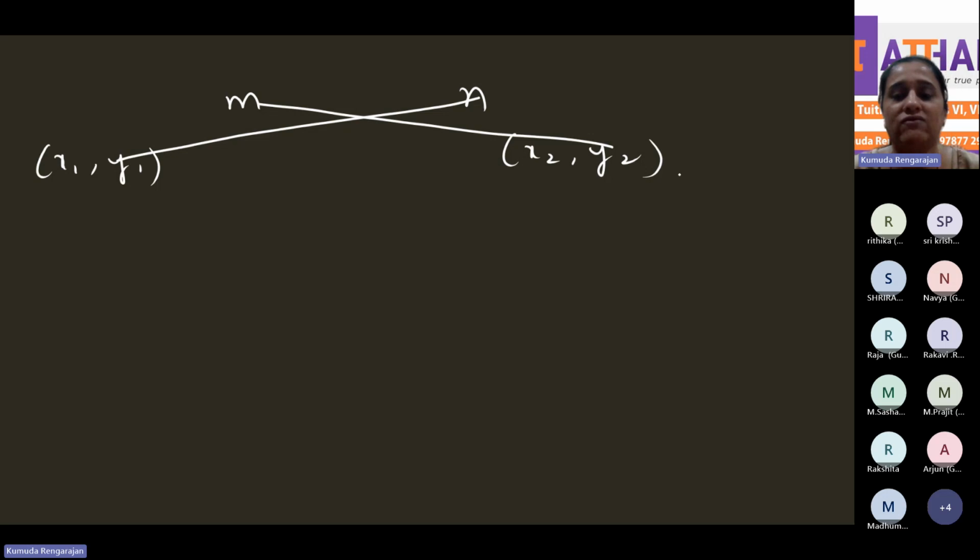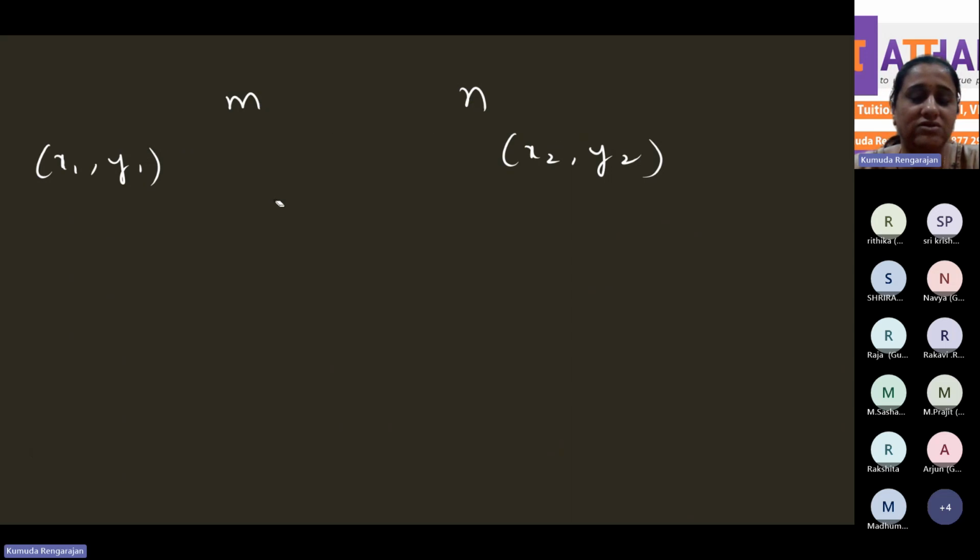Use y1 and y2 to find the y coordinate of the point of division. Use x1 and x2 to find the x coordinate of the point of division P. P is called the point of division.